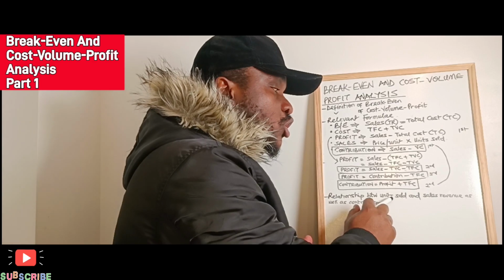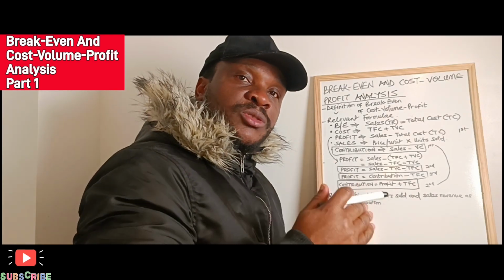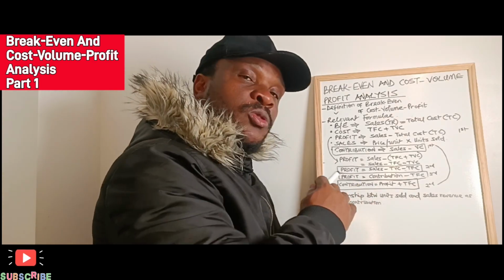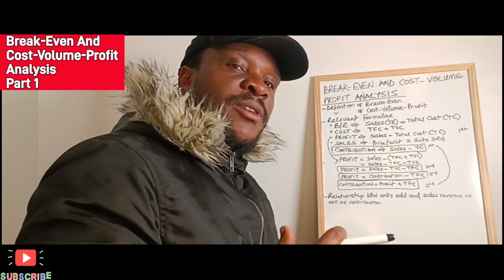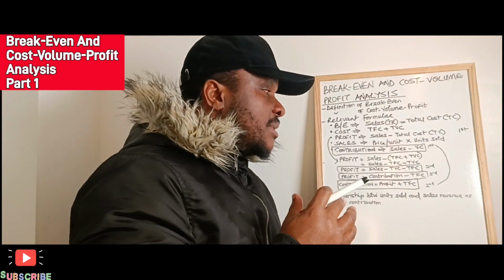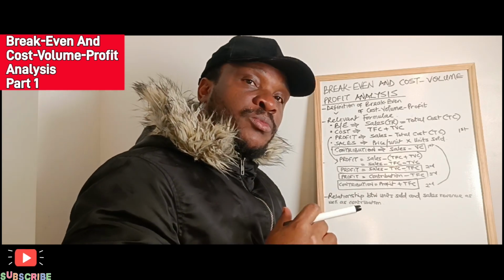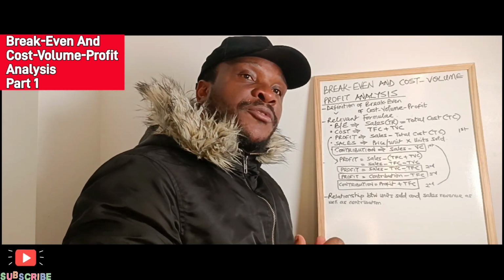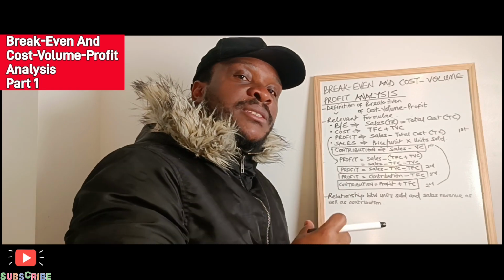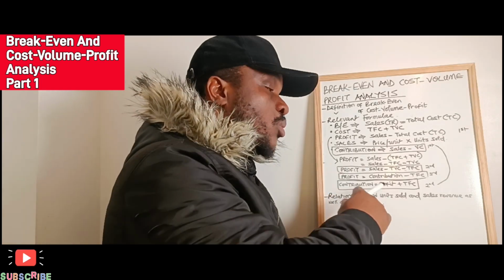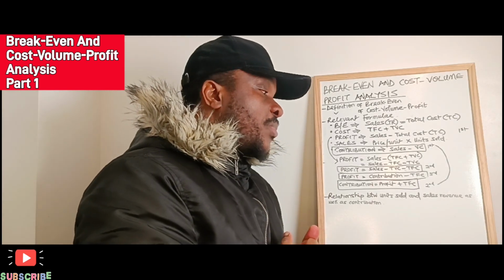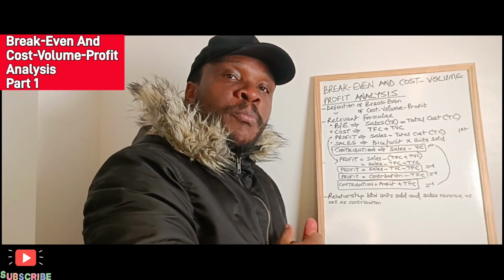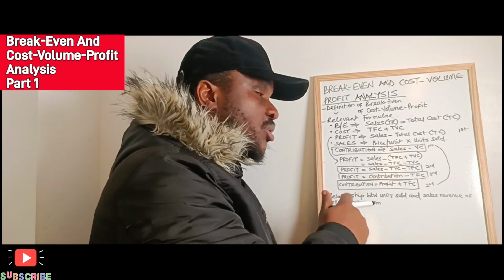The less units sold, the less sales revenue and the less contribution earned. So we can safely arrive at the point that sales revenue and contribution have a direct or positive relationship with units sold.